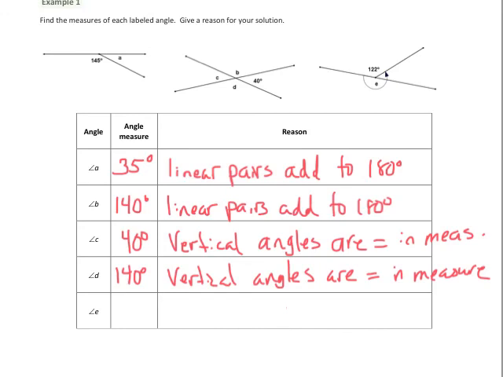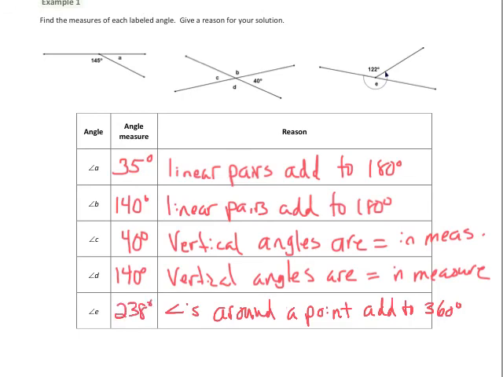So to get that, we use the statement angles around a point add to 360 degrees. That's the justification. You take 360, subtract 122, and you end up with 238 degrees.